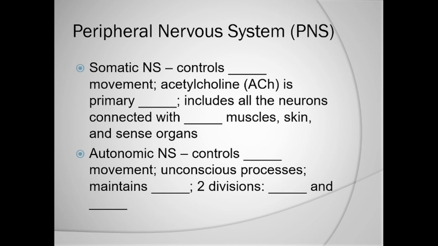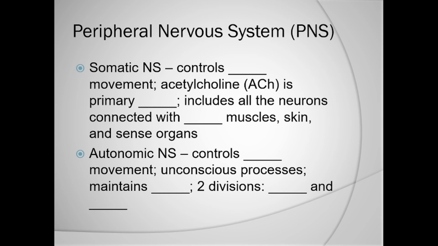This is their means of communication, and there are a number of them, and acetylcholine is one of them, and it's the primary neurotransmitter involved in voluntary movement and voluntary consciousness. It includes all the neurons connected with skeletal muscles, because those are our voluntary ones, connected with our skin, and our sense organs as well. So this is all about what we experience and what we sense, voluntary stuff.